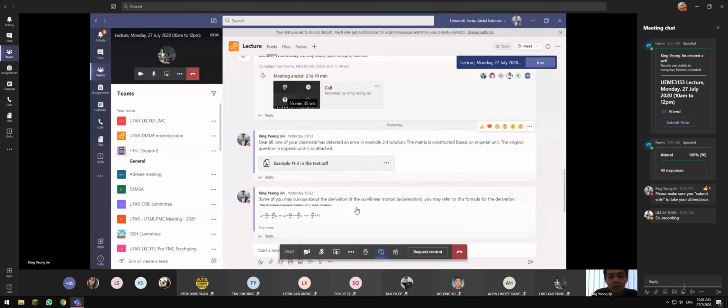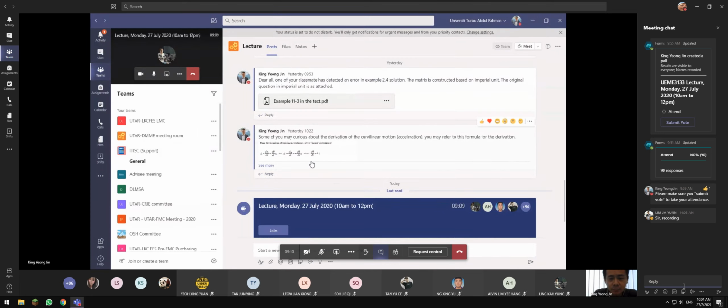Okay. So the other one is, one of your friends asked, if you still remember, we talked about curvilinear motions. When you differentiate the velocity with respect to time, it becomes acceleration, so we get the acceleration function.